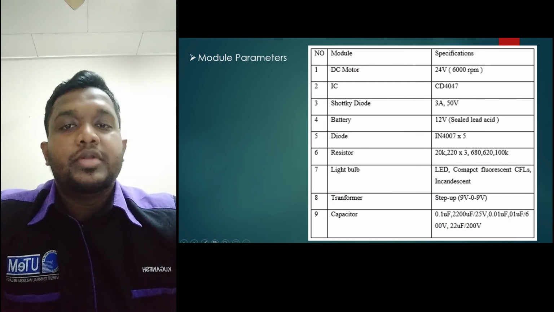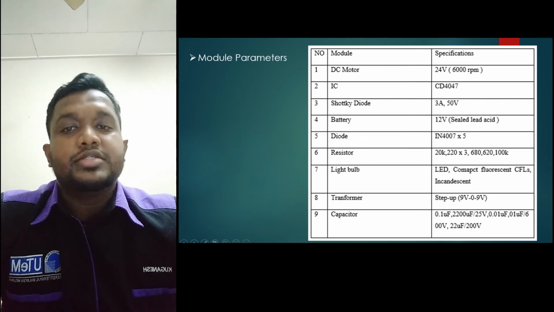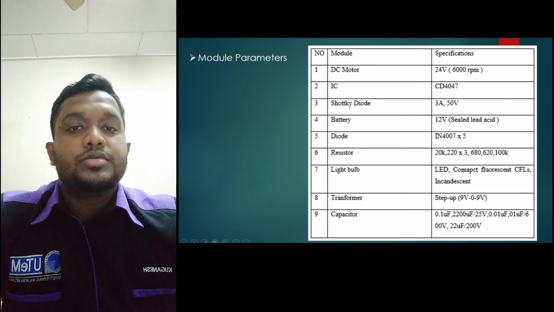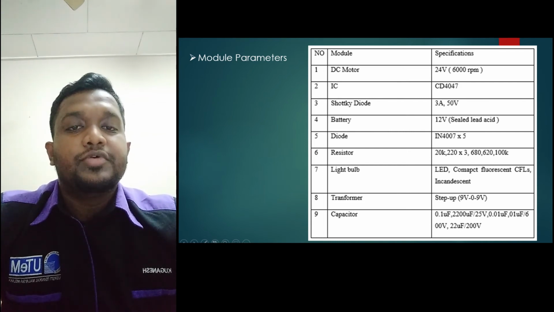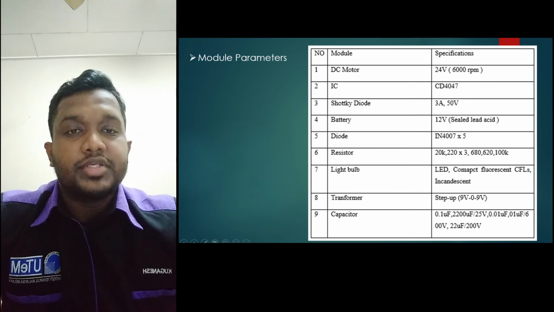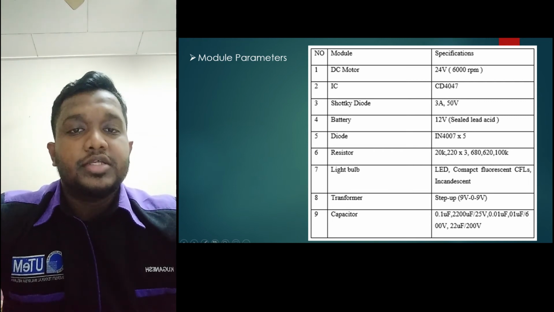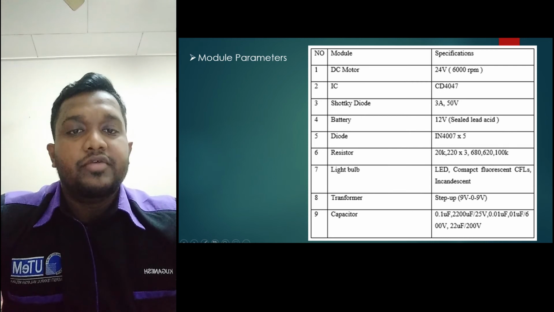The model parameters that I used for my project are the DC motor, 24 watt 6000 rpm, and the IC I used is CD4047, but in Multisim I used CD4538, which is similar to the CD4047.